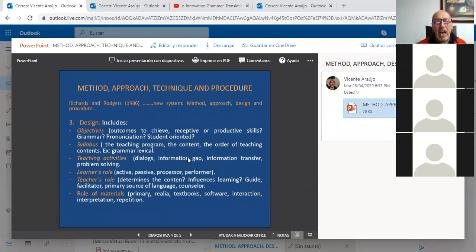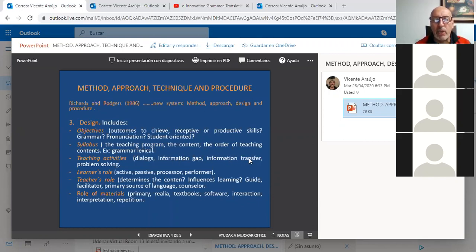And in real life, we use information gap at every single moment. When I talk to you in the street, for example, or at university, I ask you some questions, you answer, you ask me some questions, and I answer, because there is always a gap. We don't know things. So that's why we talk to others and ask for information.